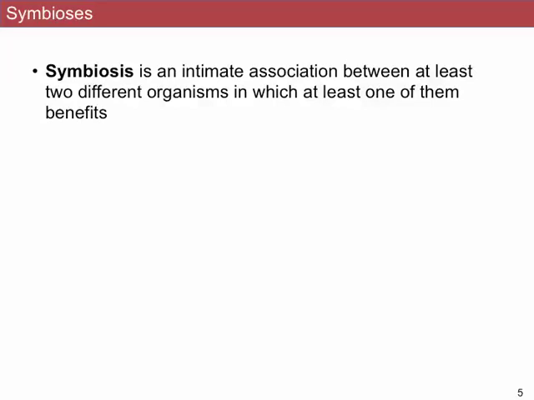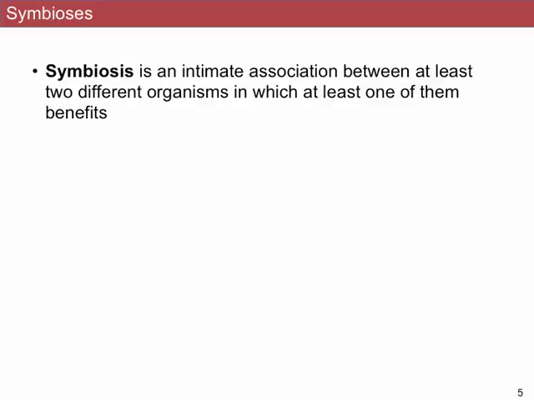So we didn't formally discuss this in the class, but we've used the term quite a bit. This term symbiosis is used in a lot of different arenas, but the way we formally define it in biology is as follows. A symbiosis is an intimate association between at least two different organisms in which at least one of them benefits.